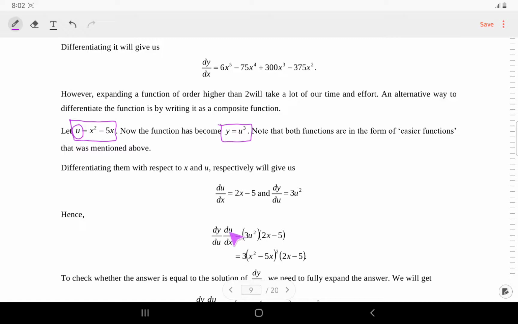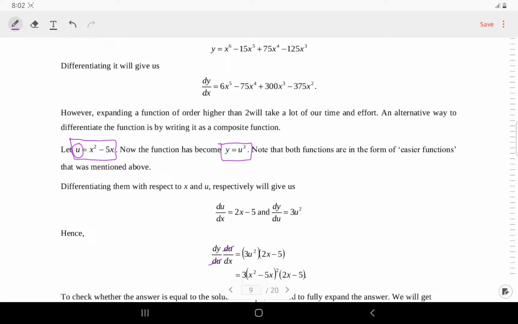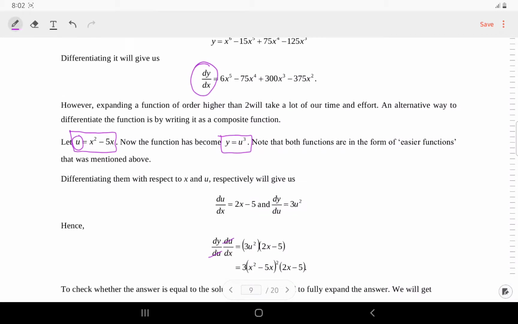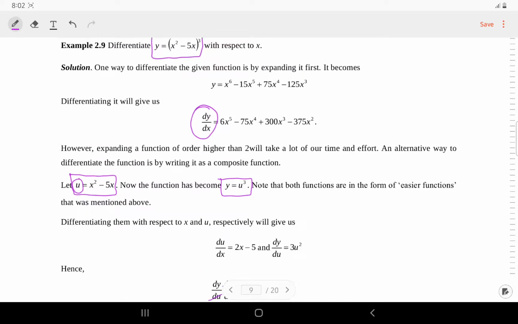When we cancel out du over du, we will get dy over dx, which is the same differentiation that we want to search for. Make sure when you simplify these two differentiations, if there is any cancelling out, at the end you will get the differentiation of dy over dx.